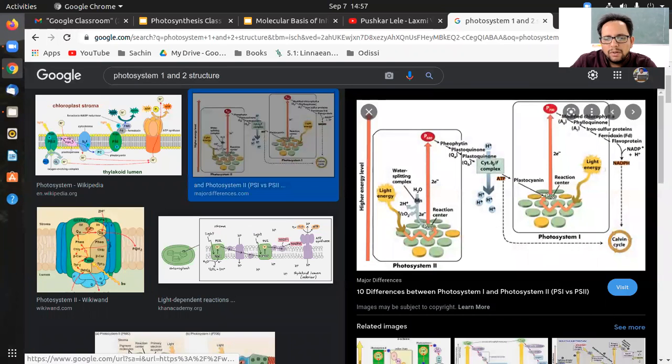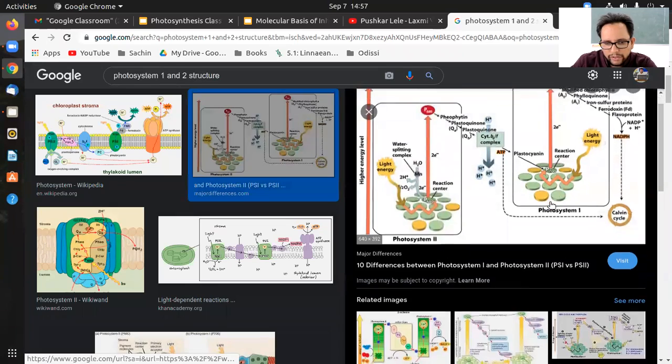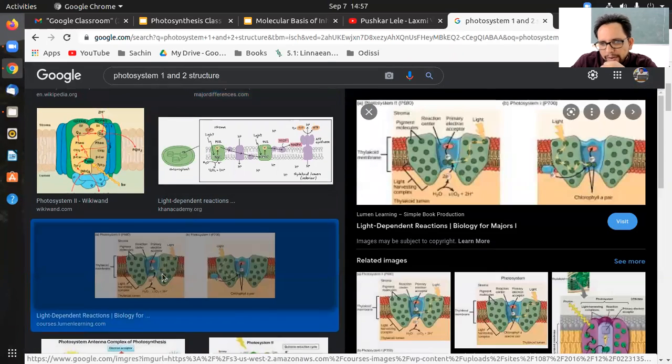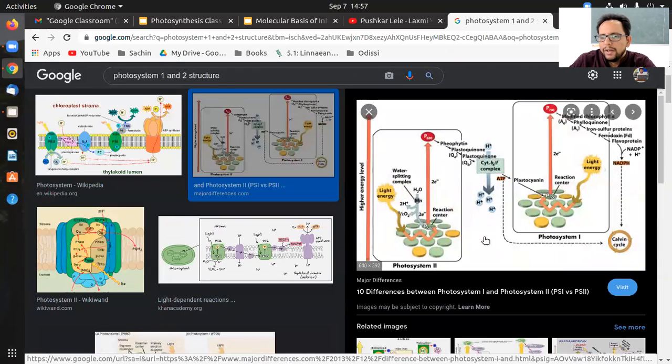Okay, now I don't want to scare you by showing you this, but this is better. You can see this whole thing is called photosystem 2, and this whole thing is called photosystem 1. And you can see there are individually many different proteins, right? Whatever is shown here as a disk in green and yellow color and so on, these are individual proteins.